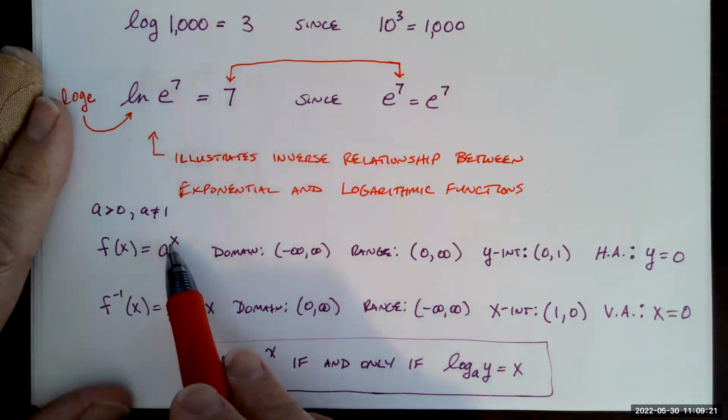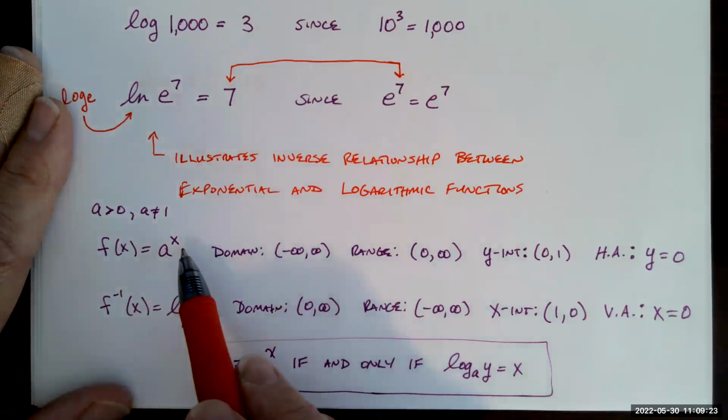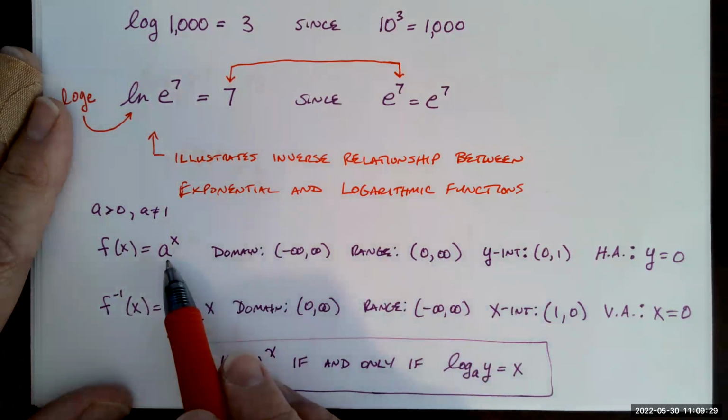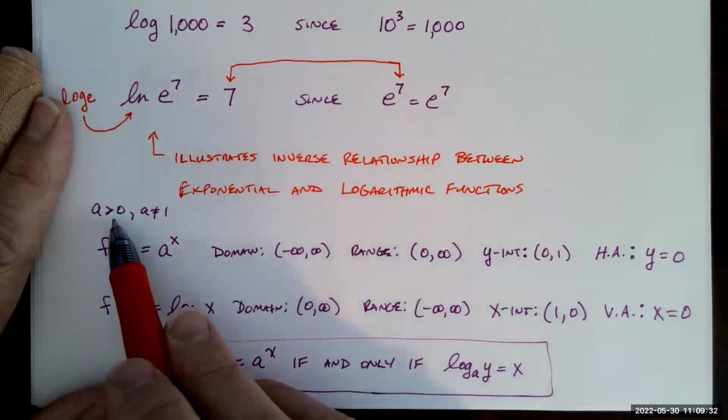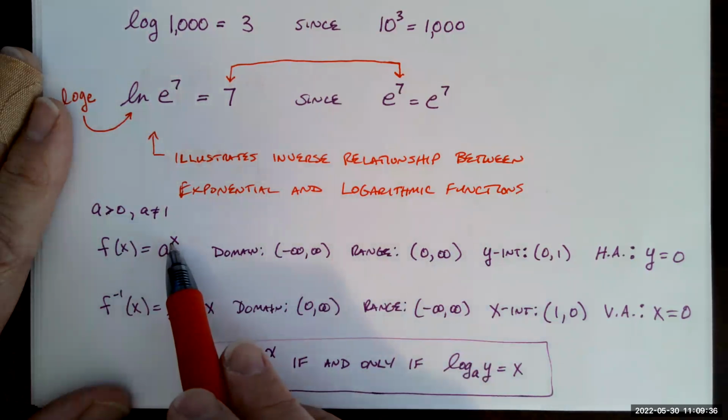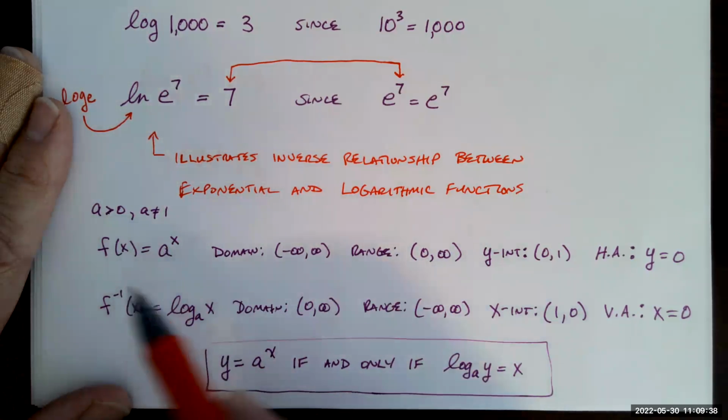Like the 1/2 power would be like the square root, for instance. The range of this function is everything greater than 0. I cannot get an output of 0, right? The base is positive. Therefore, any positive base raised to any exponent will never be 0.